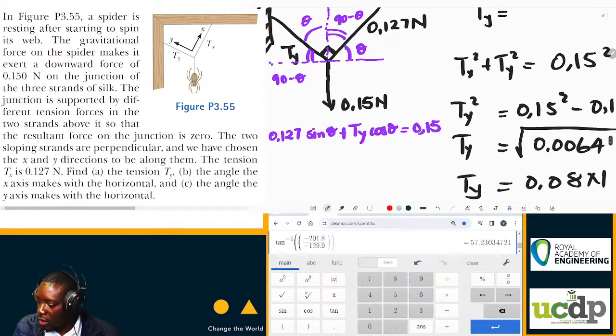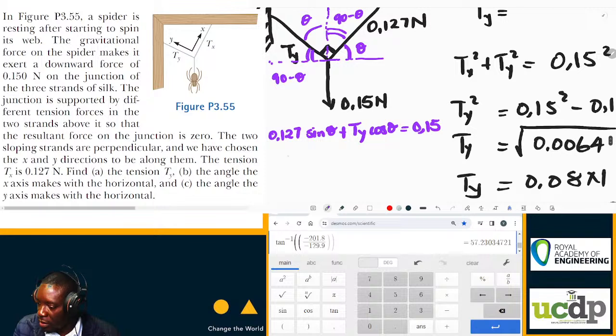Then the next equation: Ty cos theta is to the left, should be equal to 0.127 cos, it's Ty sine theta here. This is sine, because the theta is on the other side.